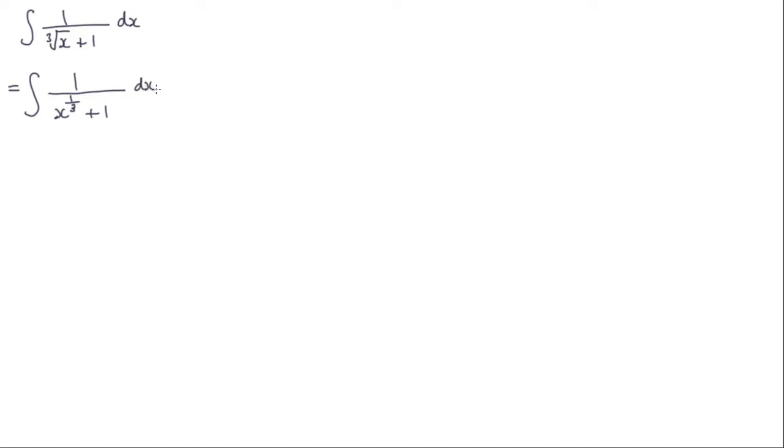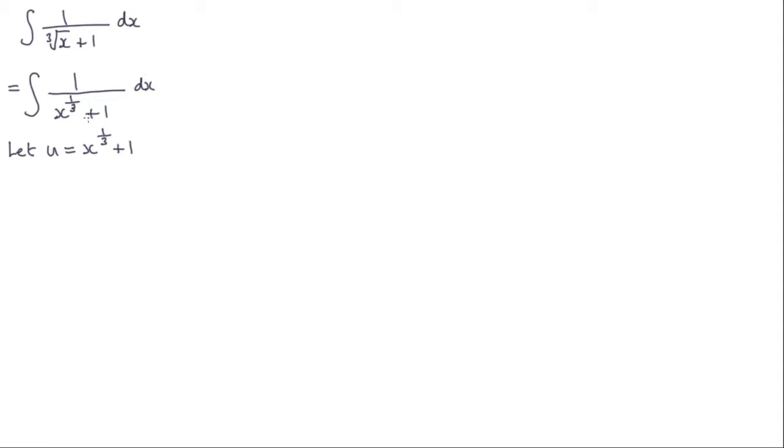And the next step is to perform a substitution for this whole denominator. So I'm going to say let u equal x to the power of 1 over 3 plus 1. Now I want to differentiate this because I need to also substitute in for the dx.